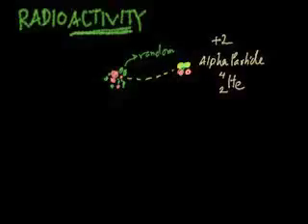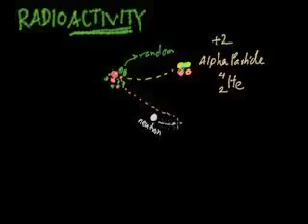Now the next one that we have is, think of a neutron first of all. Let me use a neutral color for the neutron. This is a neutron. So this neutron is breaking down into a proton.